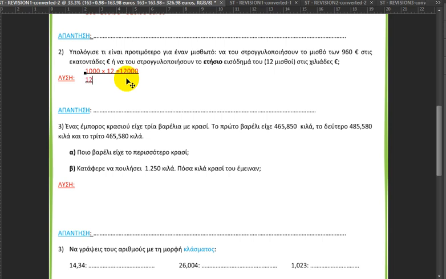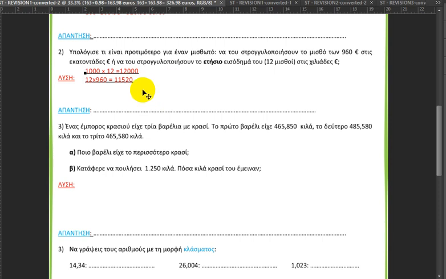But currently they're getting 12 times 960. How much are they getting? Let's think about this. Also, let's not make any mistakes. 11,520 euros, right?